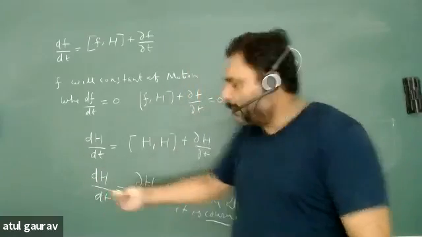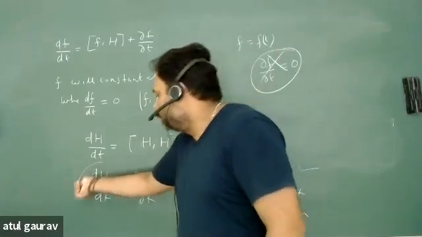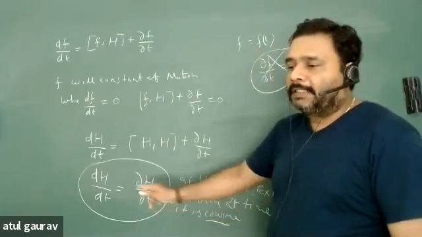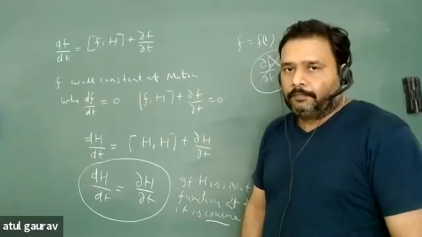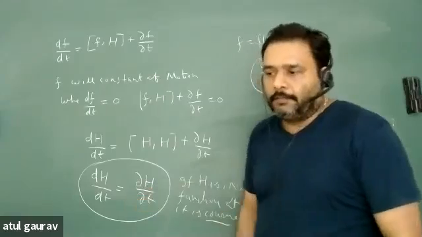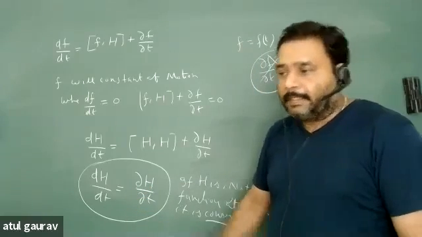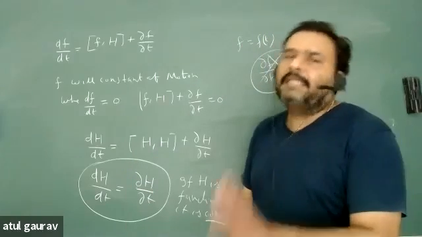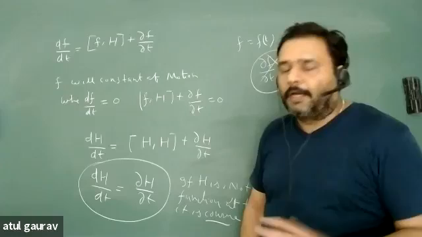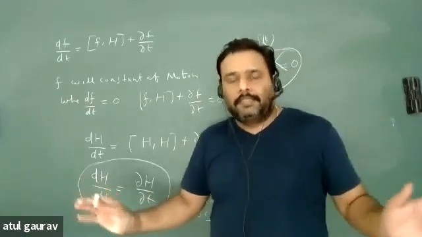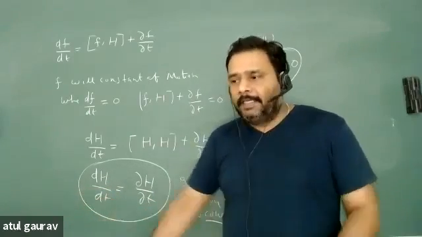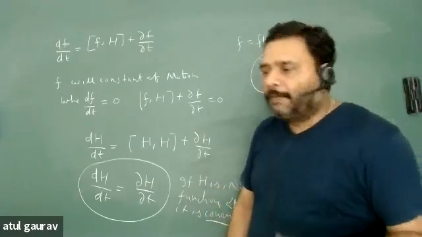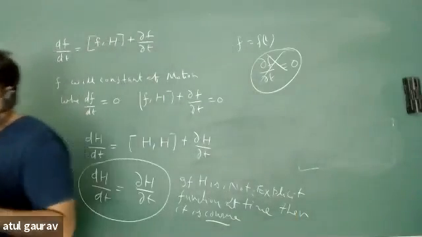That is enough for the case of the Hamiltonian, because for the Hamiltonian, the total derivative is equal to the partial derivative with respect to time. And this is a wonderful thing. You will be mesmerized when we solve problems 2 and 3, that it will break your myth about what is happening here. So let's go to the problems, and only the problems can give you a better concept.